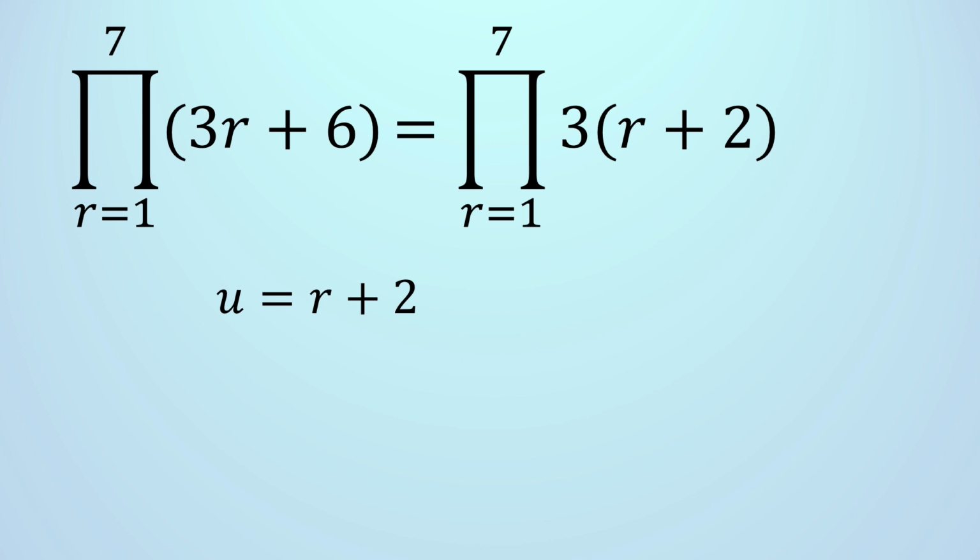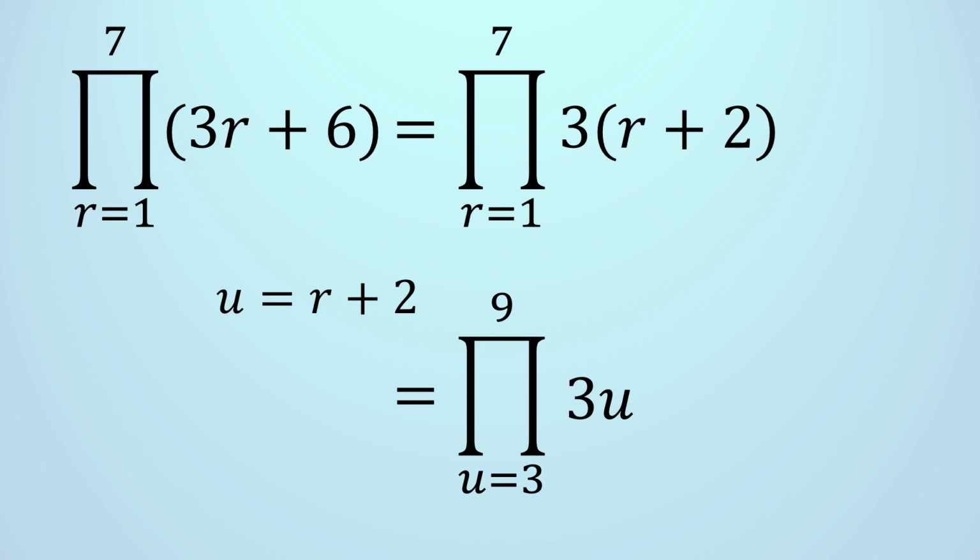That means its nth term will now be, instead of 3 lots of r plus 2, just 3u. And we're starting at r equals 1 going to r equals 7, but r equals 1 is equivalent to u equals 3 by our substitution, and also r equals 7 would be equivalent to u equals 7 plus 2, so u equals 9. So therefore this is the product we're now calculating.